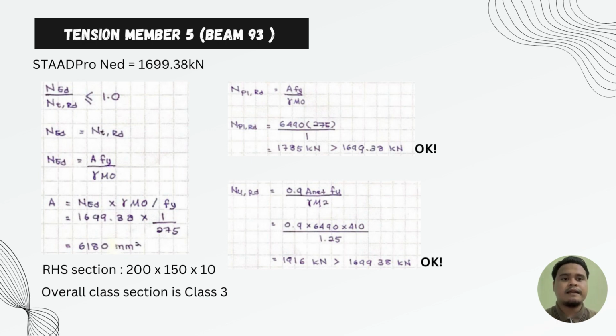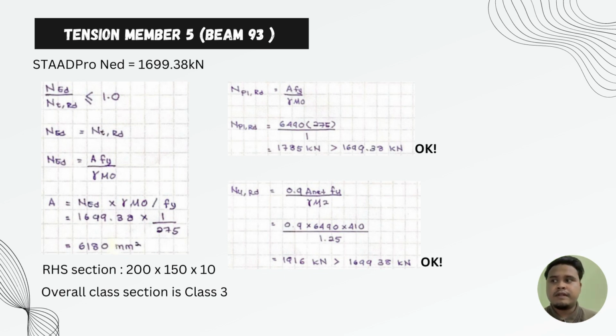So we choose the RHS section, which is 200 times 150 times 10. And then we get the area for this section is 6490. We do the section classification and we got class 3.